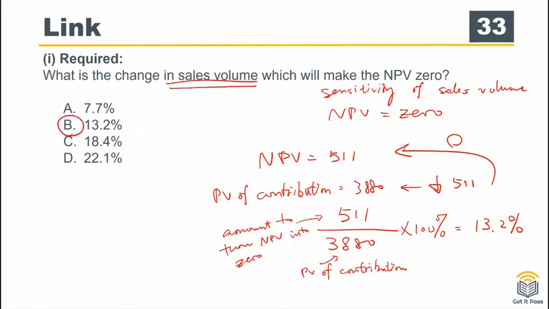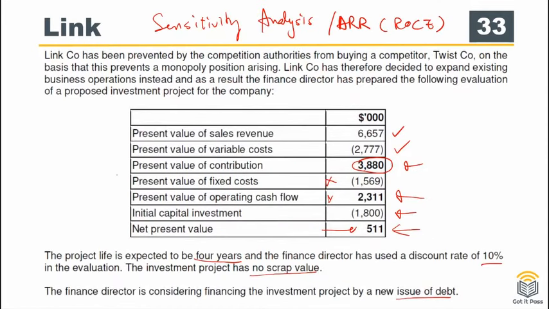Okay, this question is asking about the sensitivity of sales volume, and sales volume is not only affecting the sales revenue, it's also affecting the contribution, the variable cost. So we have to adopt the contribution in the calculation.